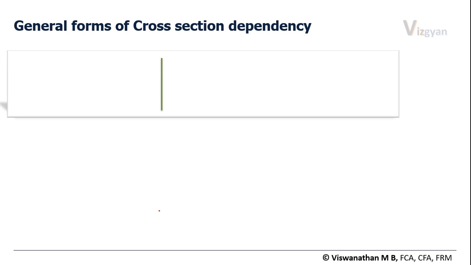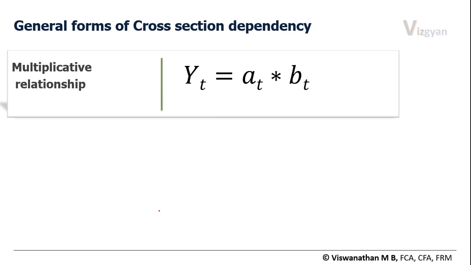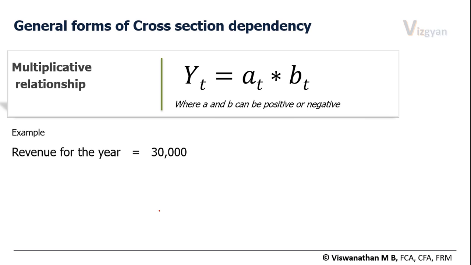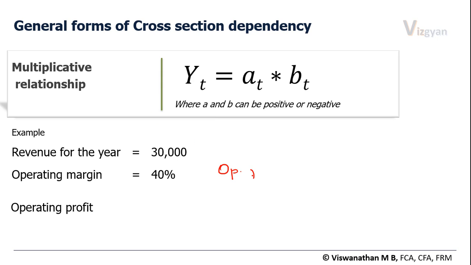The other form of cross-section dependency is a multiplicative relationship, where a value y at time t depends on value a at time t and value b at time t. Again, a and b can be positive or negative. Let's say my revenue for the year is 30,000 and we expect an operating margin of 40%. For those of you who don't know, operating margin is essentially operating profit upon sales.